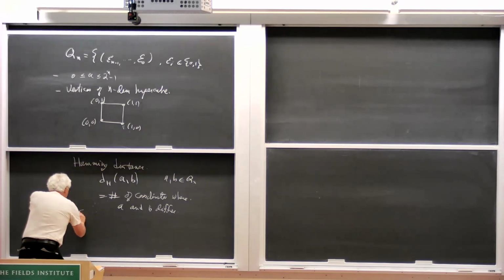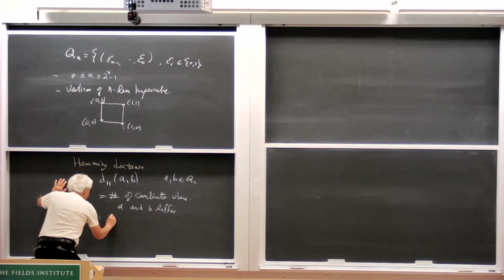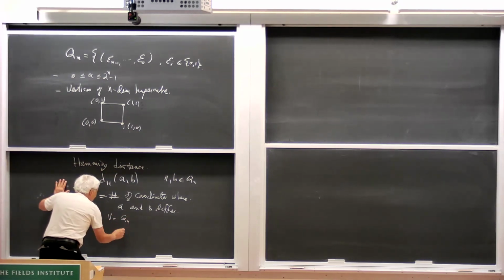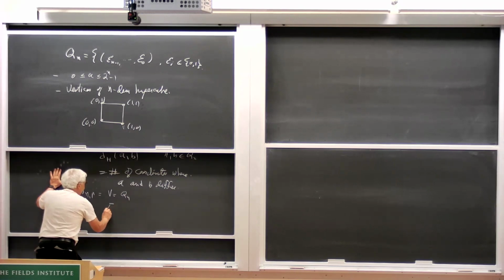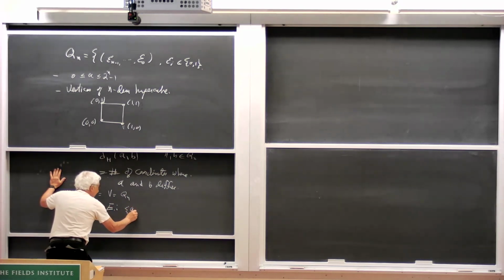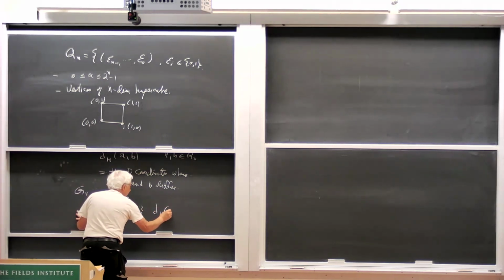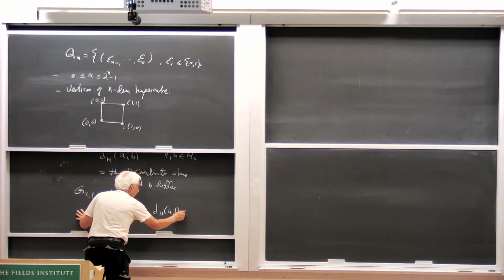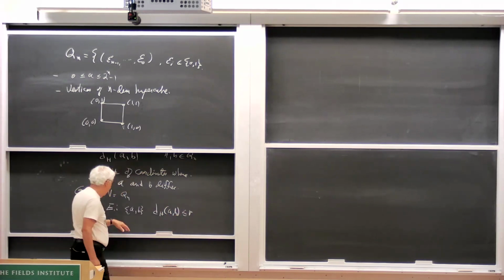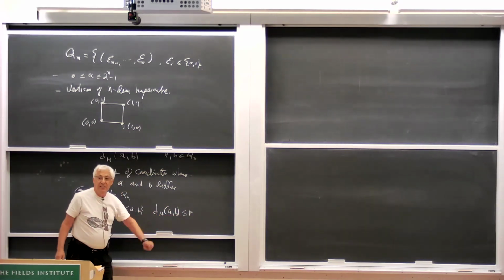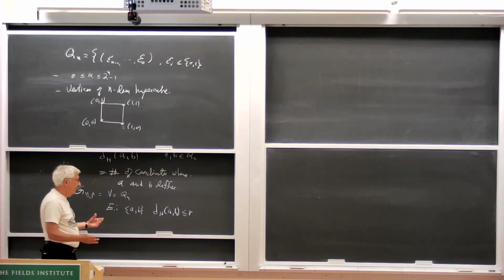We could form a graph from this, G(n,r), where the vertex set is Qn, and there is an edge between a and b if the Hamming distance between a and b is less than or equal to r. That r is called the scale. So we have a nice graph.